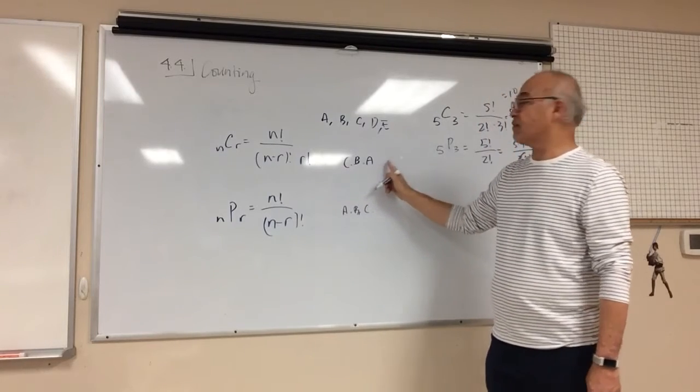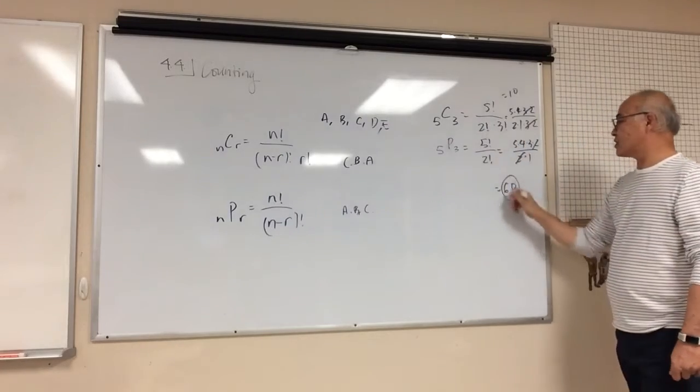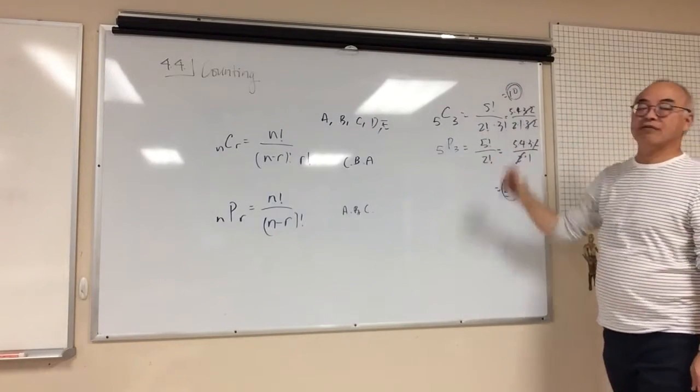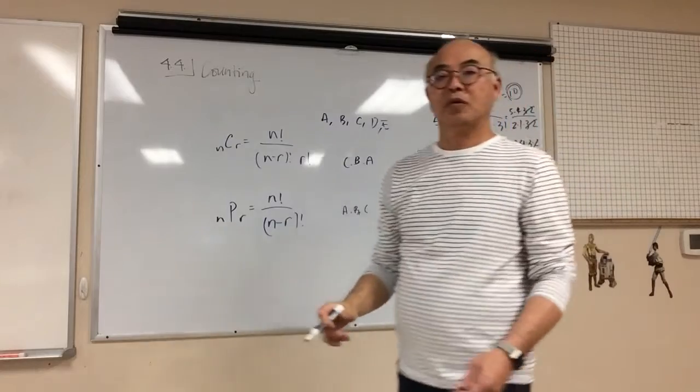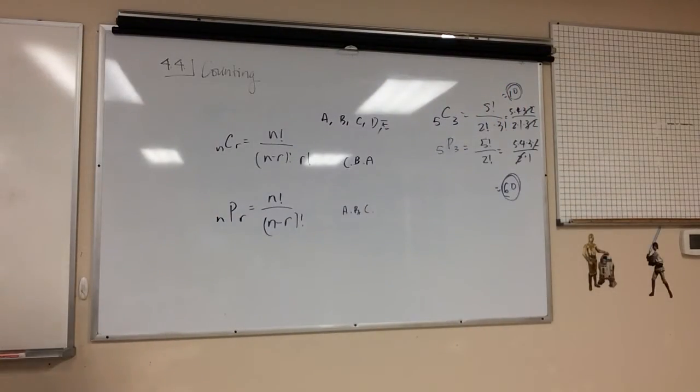There are several different ones that are considered the same here, which is why I have 60 here and only 10 here. Okay? All right, so that's that.